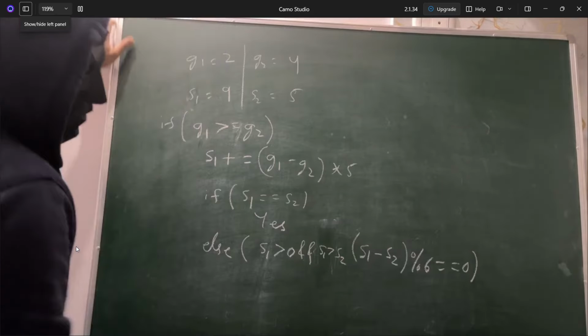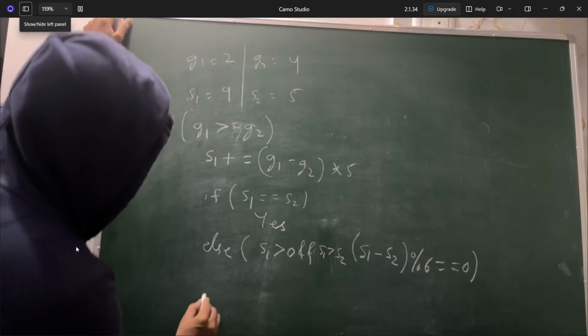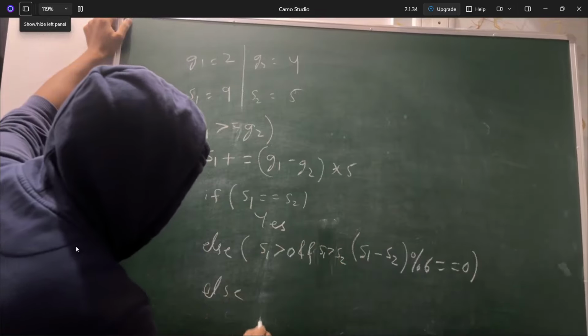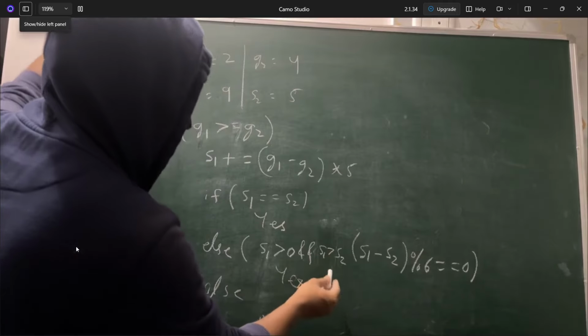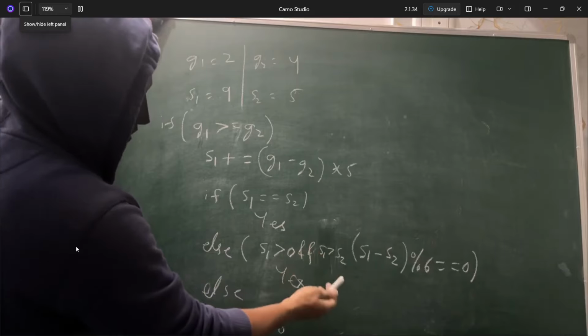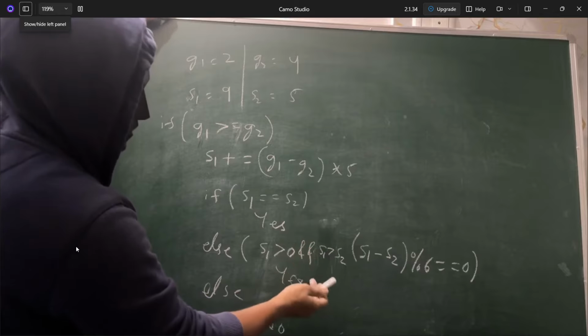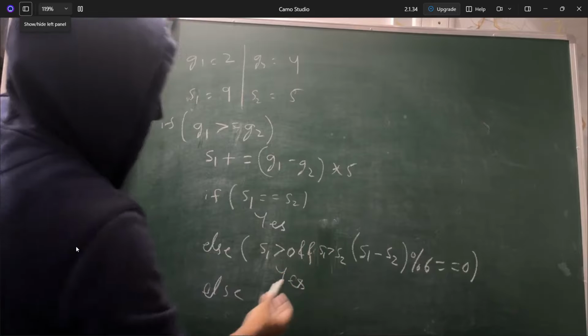When s1 is less than s2, in that case your answer will be no only, so that will go into one more else condition. But when s1 is greater than s2, in that case you could remove 6 silver coins to discard one gold coin and one silver coin.